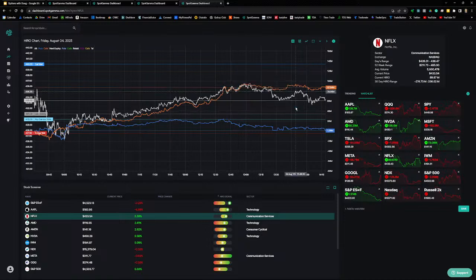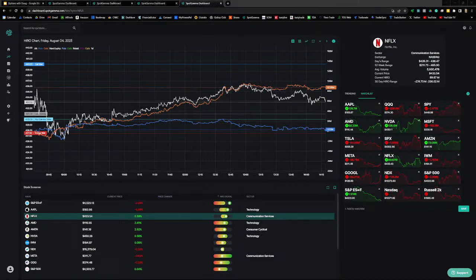They're also selling puts, but that is not significant compared to calls. Notice the call number here, the notional value, is 87.5 million versus 3 million. So they are selling puts, that number is positive, and they are buying calls. But calls are definitely driving price action in Netflix today.